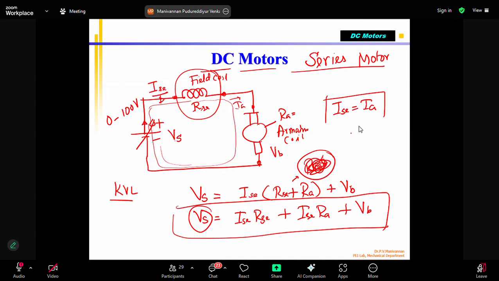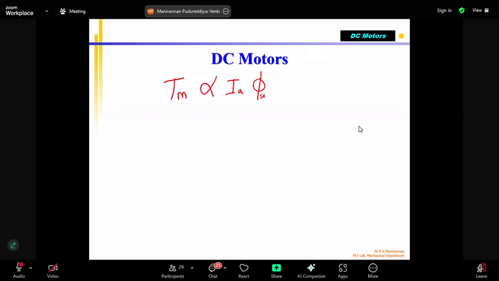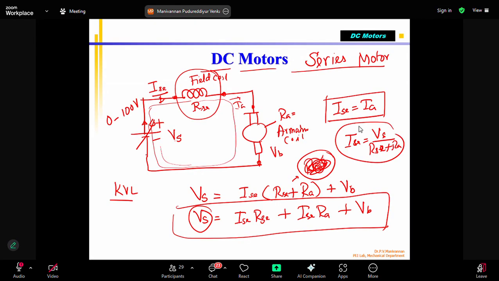We can say that I series equals V supply divided by R series plus RA, and I series equals IA, both are the same current. As you increase the voltage to the coil, 0 volt, 10 volt, 20 volt like that, the magnetic flux phi starts increasing with I series.